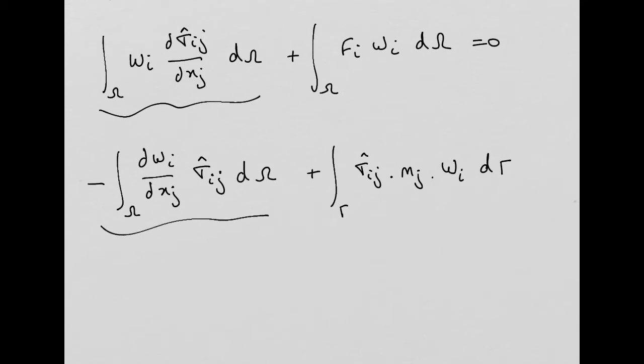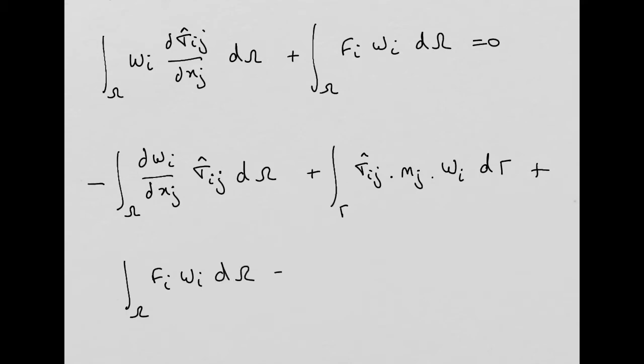We have an integral in the domain and an integral in the boundaries of the problem. And I only need now to add the remaining integral that is there in the domain, the volume force times the weighting function, equal to 0, okay?